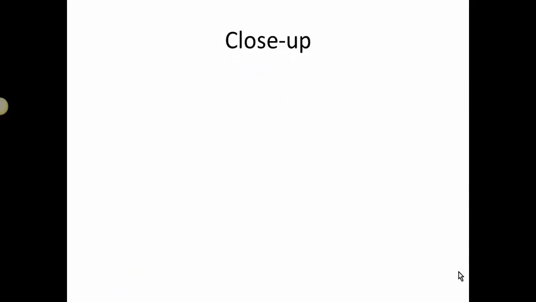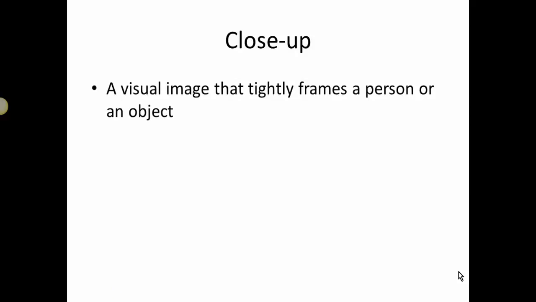The next genre is close-up, and a close-up is an image that tightly frames a person or an object. Honestly, I've had students who have really struggled with this concept, that a close-up needs to be close to the subject. It doesn't have to be a person, but its essential element is that it's very tightly framed.